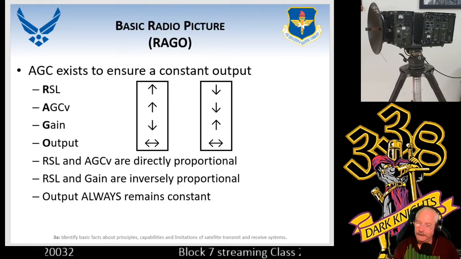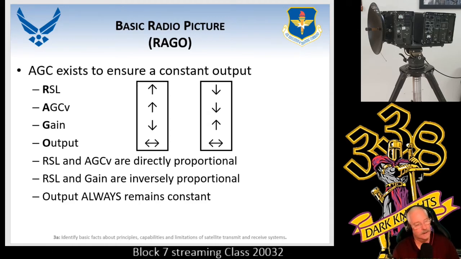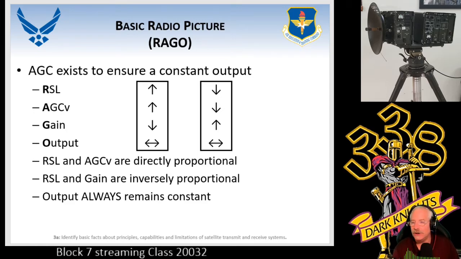Well, when a plane leaves, it's pretty loud, so you got the volume turned pretty close to down or off. As it leaves, it gets farther out, and you got to start turning that volume control up. So what AGC does for us, it takes the human element out of it. When the plane gets closer, it's going to start reducing the gain.